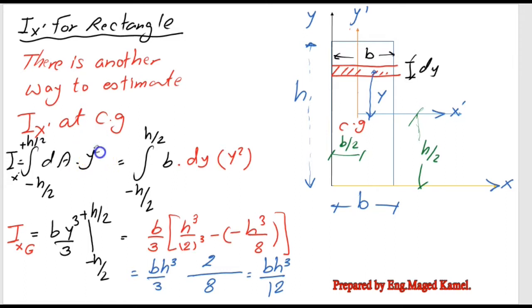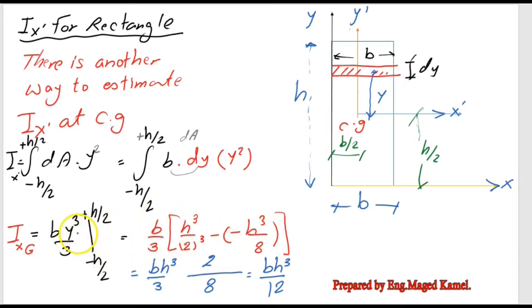This is y squared, equal to the integration from minus h over 2 to plus h over 2 of b. The dA is b dy. This is the term for dA, and this y squared is the square of this vertical distance. Then Ixg equals, the integration of y squared dy is equal to y cubed over 3, all multiplied by b. Then we substitute, making the integration from minus h over 2 to plus h over 2. We get b over 3 outside, and we open one bracket.